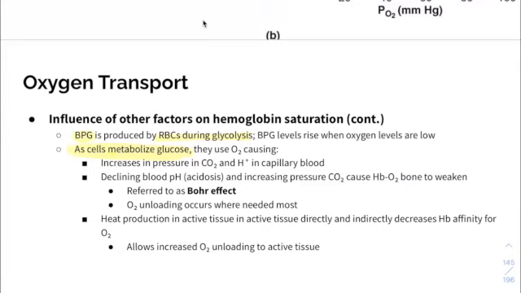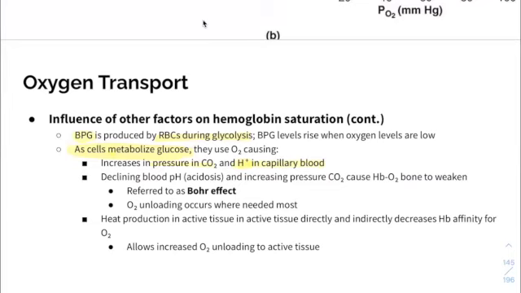And because of this need for oxygen, it causes the pressures of carbon dioxide to go up. Causes hydrogen in those capillary beds. That hydrogen is what changes that pH.